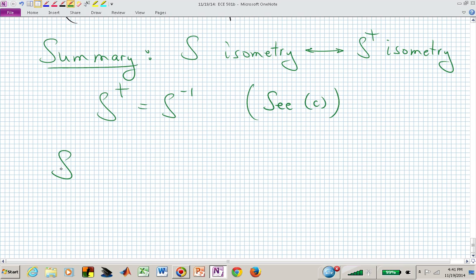Likewise, if you look at statement B and its twin, statement G, then S and S dagger preserve inner products.